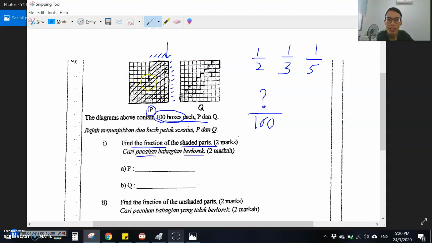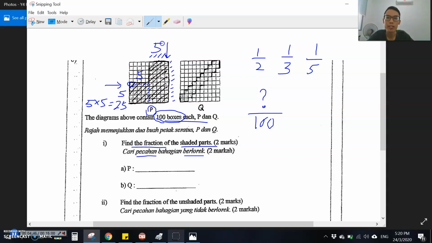Okay, but over here, there are 5 boxes over here. 1, 2, 3, 4, 5. And then here also 5. 1, 2, 3, 4, 5. So 5 over here, 5 over here. So 5 times 5 is 25.